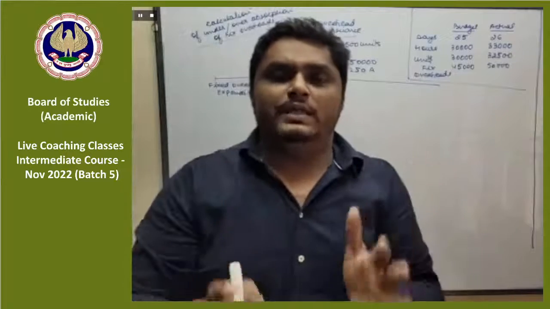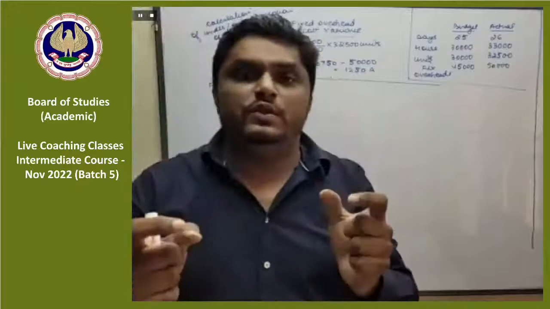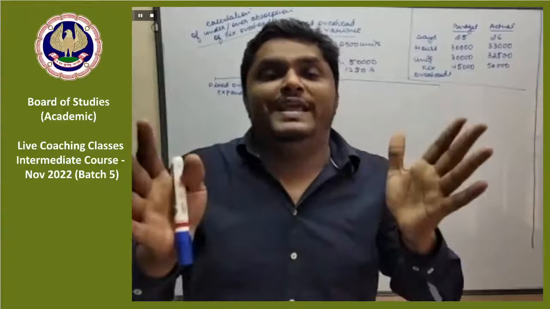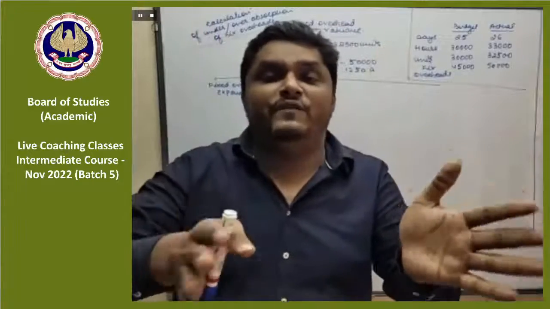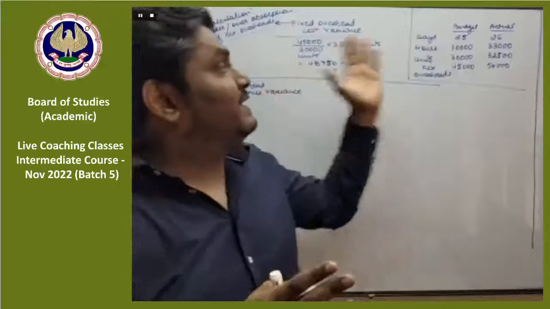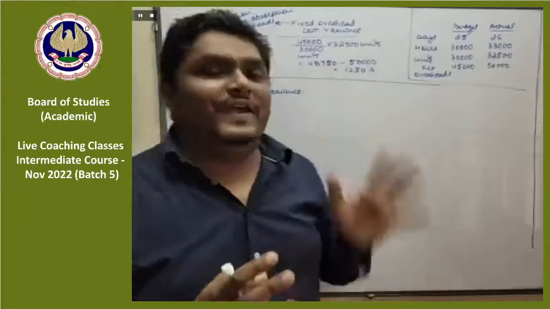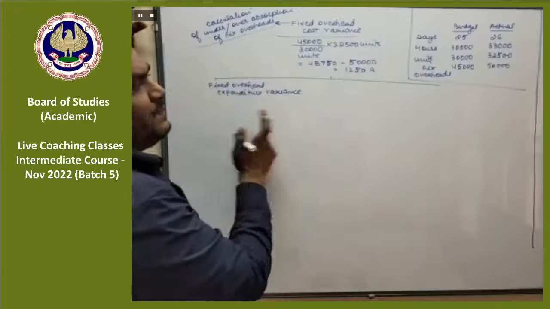Very simple, to keep things simple: 45,000 overheads for 30,000 units. So for 32,500 units, how much? 48,750 is the absorbed overhead and my actual overhead, what we spent, is 50,000. How much extra? 1250. That is adverse. Now next is fixed overhead expenditure variance.